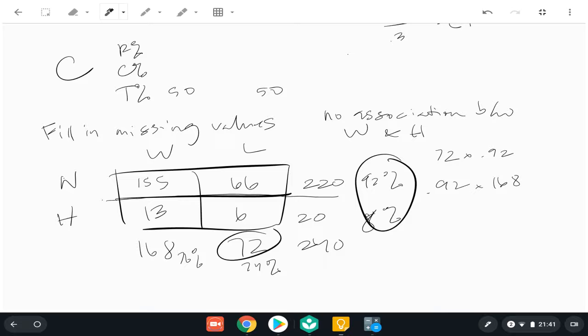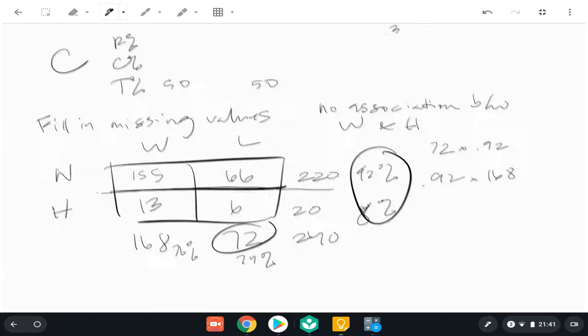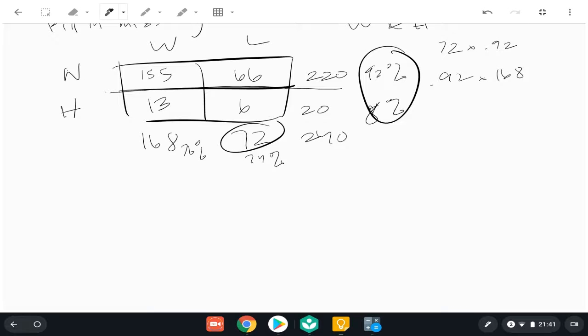Let's try calculating it with the win-loss ratios. And let's see if I get it right this time. So I'm going to leave it up. Let's go ahead and make this again.